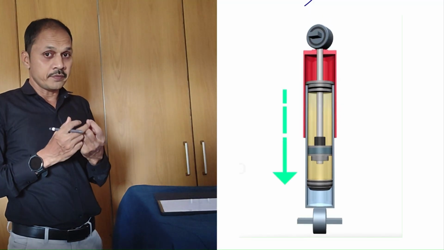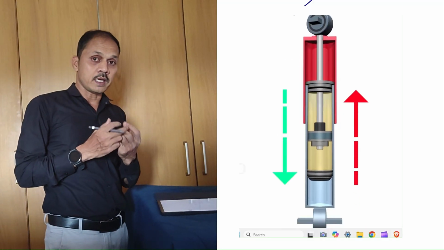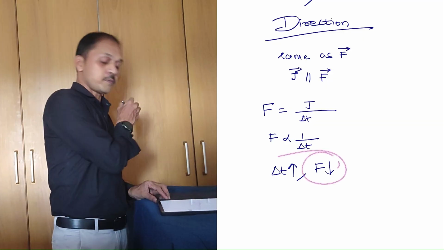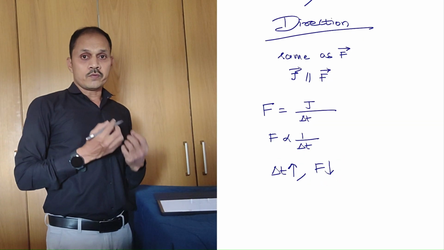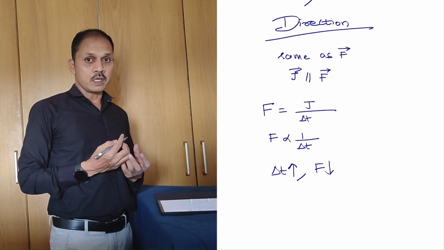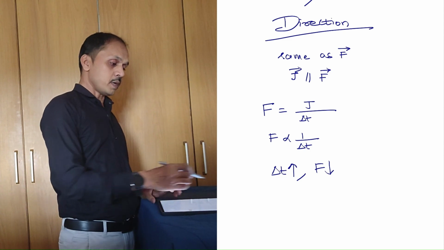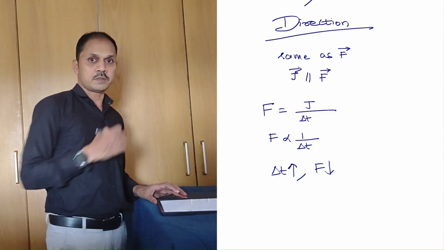Due to this, the time of contact increases. As a result, the force is decreasing. So the people in the vehicle experience less force. So this is the magic behind the concept of impulse.